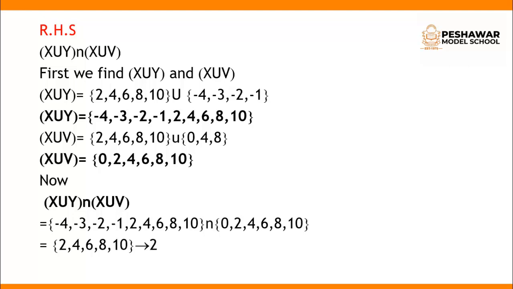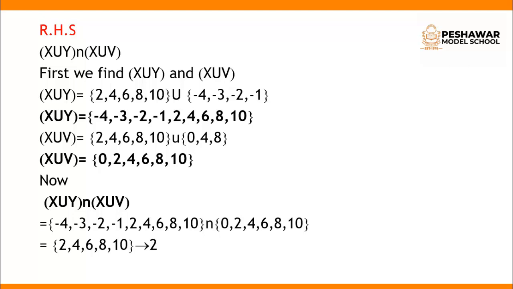There is no 0 written in set X. That's why we put here 2, then 4, then 6, then 8, then 10. Now we have to find X union V. First we put the elements of set X, that are 2, 4, 6, 8, 10, union elements of set V, that are 0, 4, 8. Now we combine these two sets together.